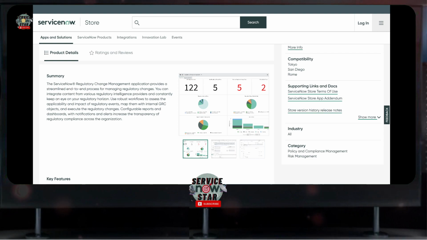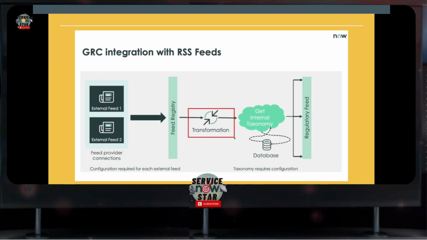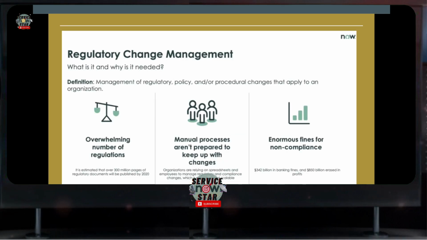So if you're not complying with those regulatory changes, they come with severe penalties. Let me actually show you with a regulatory change, for example, the PCI, right? How much they paid in penalty for not being compliant.